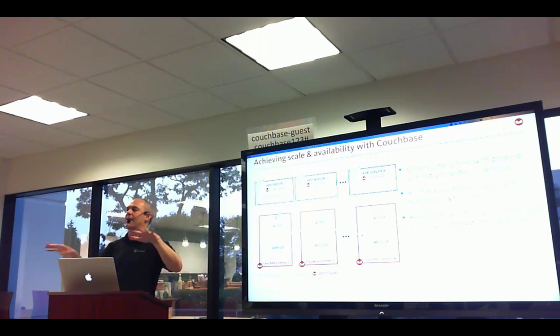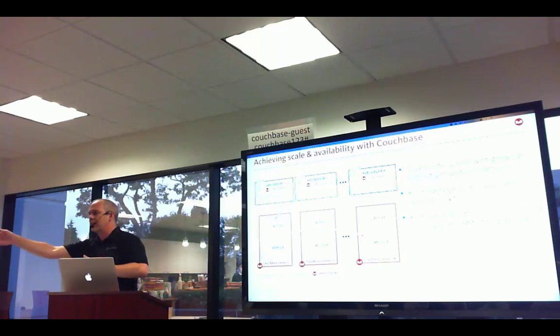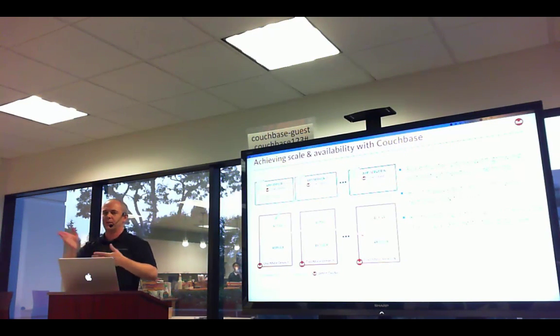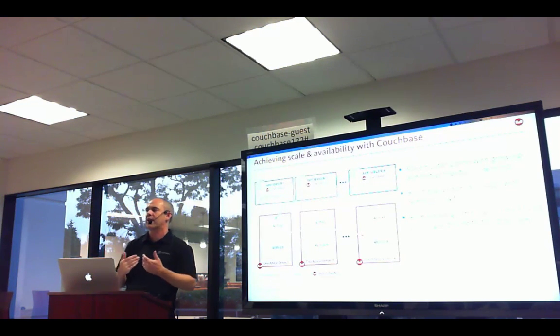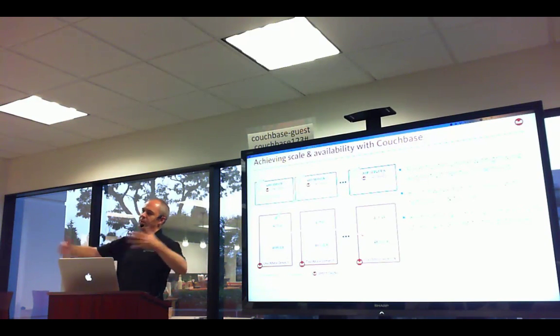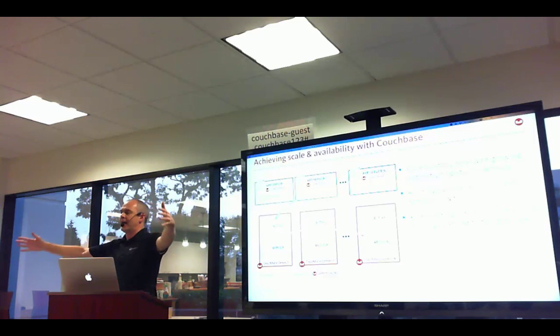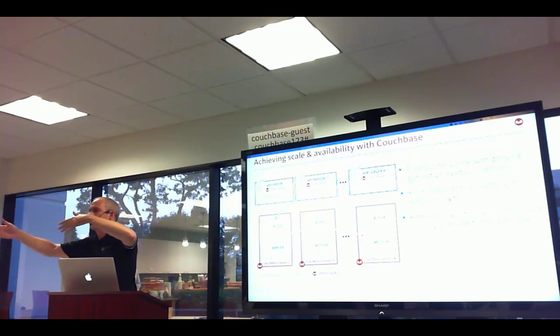But under the covers, Couchbase is able to take that client and go directly to where that document lives without having to ask anybody, right? The client itself has enough of a map that it can just go straight to the location of that document. And as a result, you can dispense with any processing that's going to add latency, and you can go right to where something needs to be.